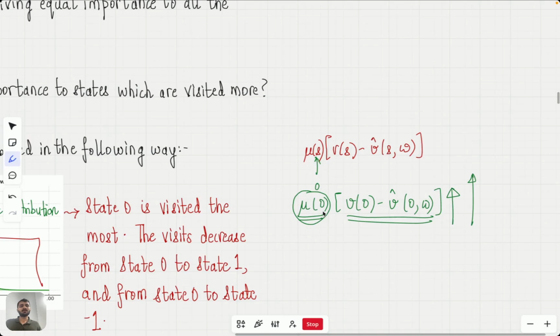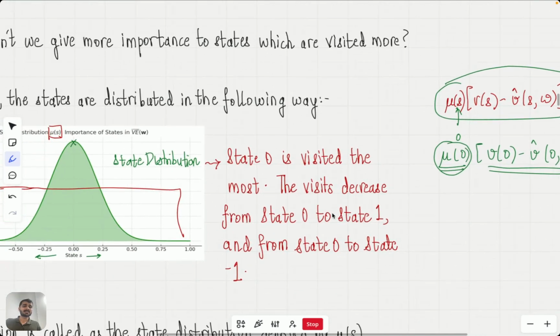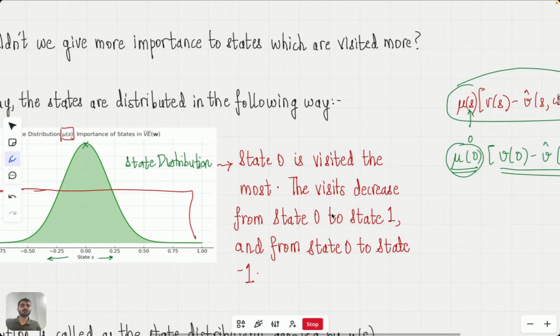So that is what I will do if I make this multiplication. In order for this entire product to go down, I will penalize my approximate value function at states which are visited more often because they will have a higher value of mu of s. And this is exactly what we want.